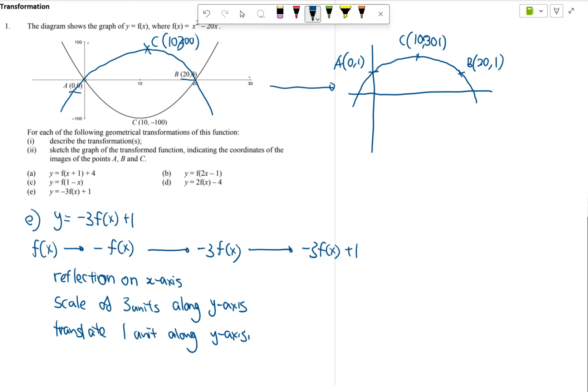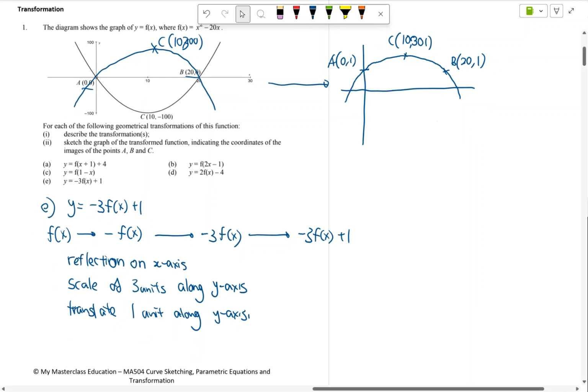When you scale something with the y coordinates being 0, it will not affect the y coordinates. But if you translate all the coordinates along the y-axis, all the y coordinates will plus 1.